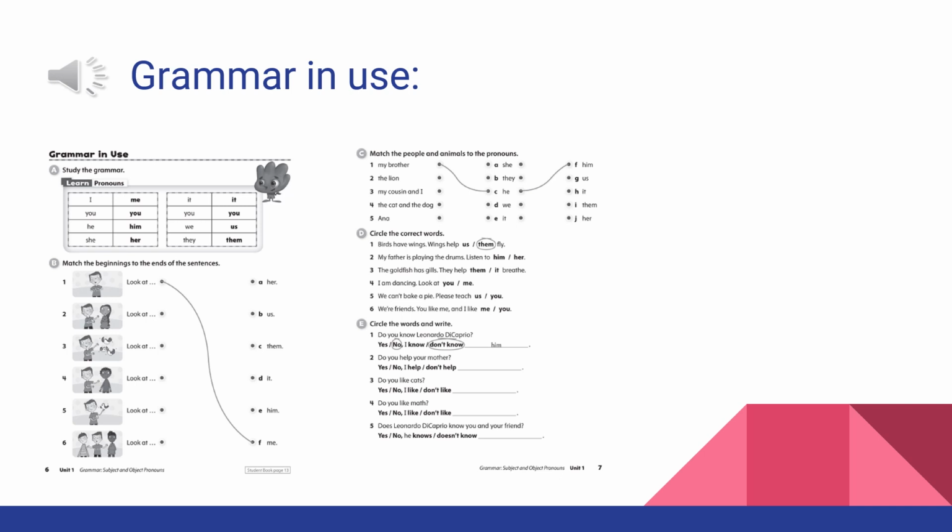C part. Match the people and animals to the pronouns. At first you will match it with the people and then you will match it with the pronouns. People and animals both. Yes. If you look at the first one, my brother.